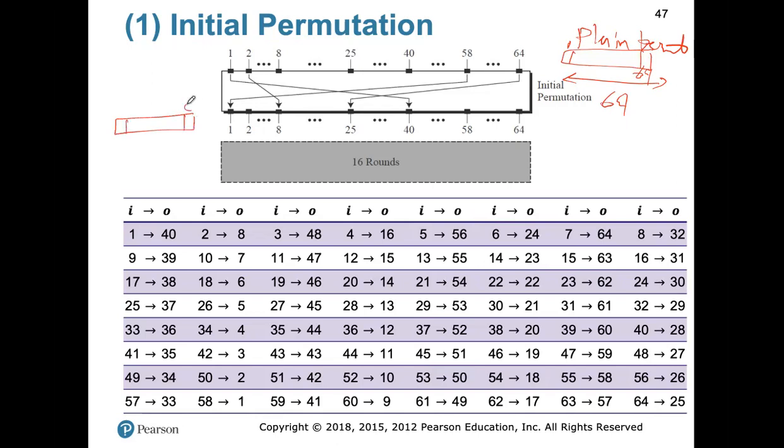We say that this is bit 0, bit 1, and this is bit 63, sorry. Because this carries the value of 2 to the power of 0, this carries the value of 2 to the power of 1, and all the way this carries the value of 2 to the power of 63.